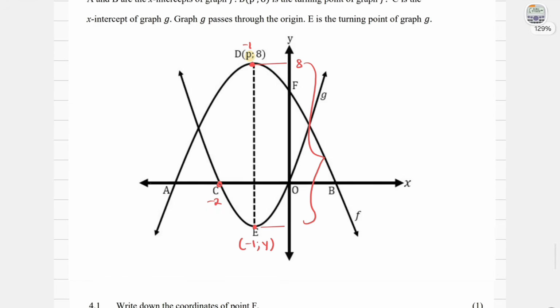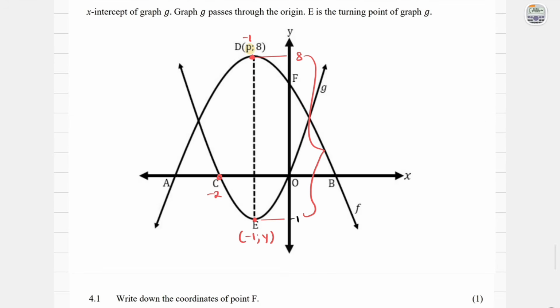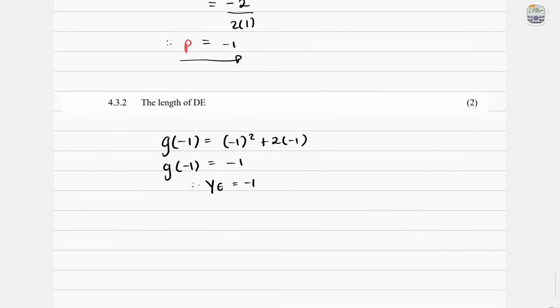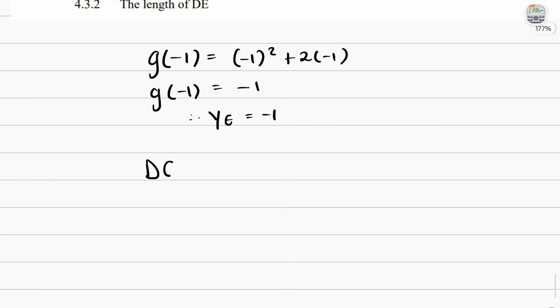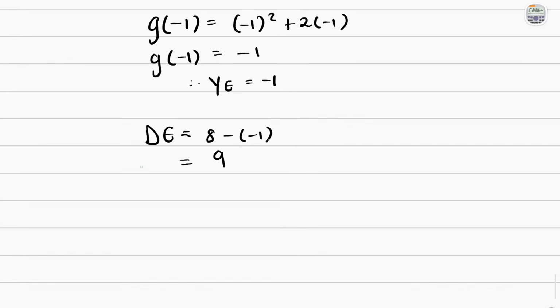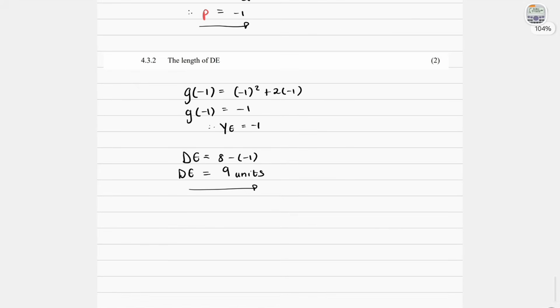To find DE, we take the y value of 8 minus the y value of negative 1. So DE is equal to 8 minus negative 1, which is equal to 9. And that is our answer. DE is equal to 9 units. Moving on to the next question.